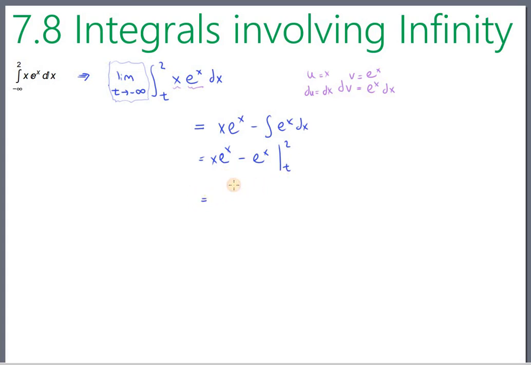So plugging our limits in, first of all 2, and then minus, I'll need parentheses around this. And this time we're letting the limit as t approaches negative infinity. Right here, that term, as t gets bigger and bigger, is going to blow up.